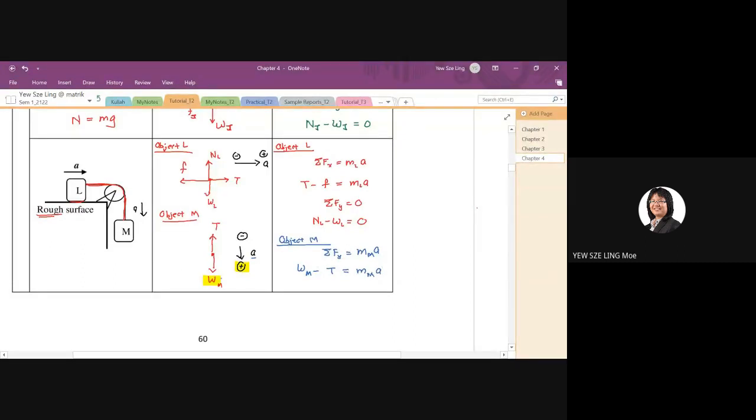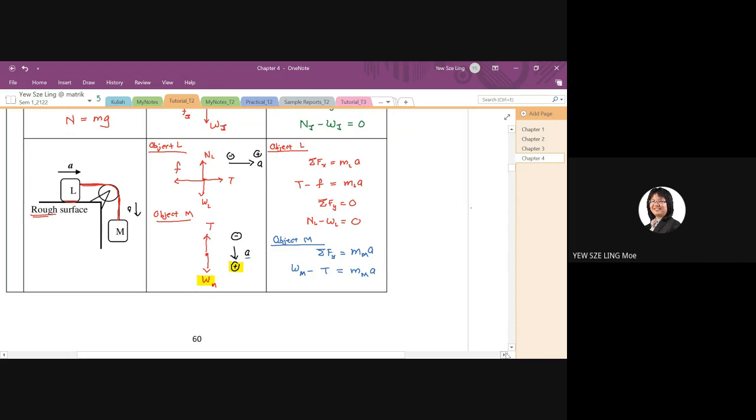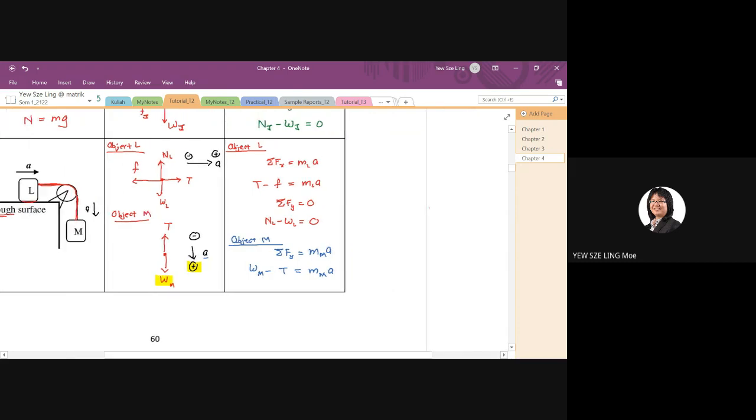This is how I form the equation. So I use WM minus T equals MM A, right? In some books, you might still see T minus W, but they use negative MA. Nothing's wrong, both of them are accepted. My method, I use the direction of A as the positive direction.